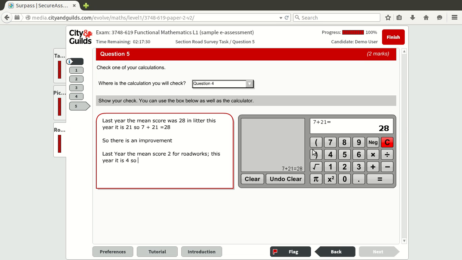So 2 plus 2 is equal to 4. So it is getting worse. So there also, just 2 plus 2. I mean, here all I'm doing, I'm just trying to check my answers, alright?